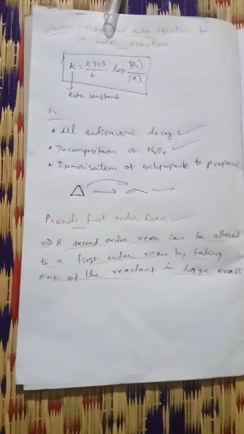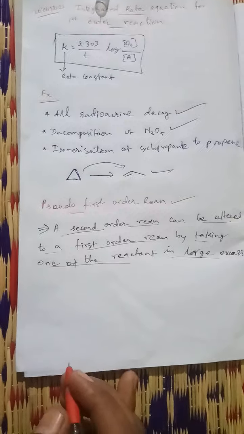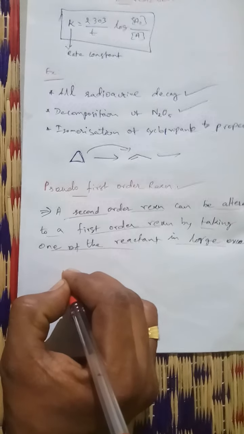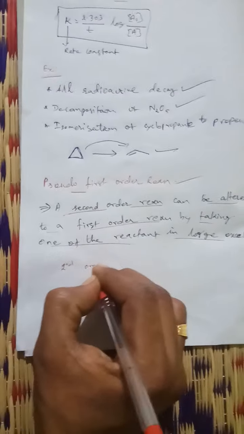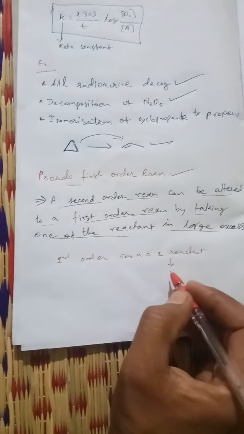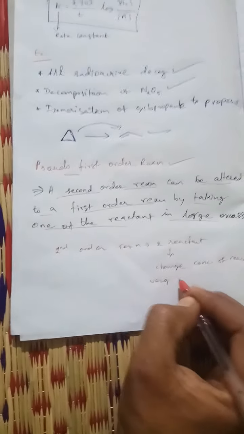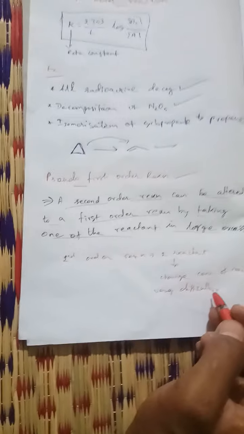For example, in a study of a second order reaction involving two different reactants, the simultaneous measurement of change in the concentration of both reactants is very difficult.